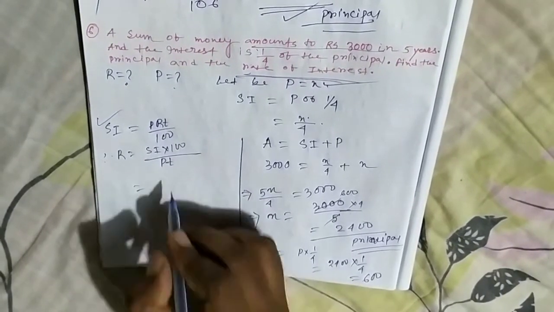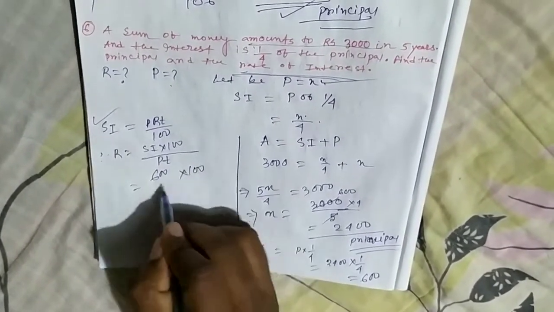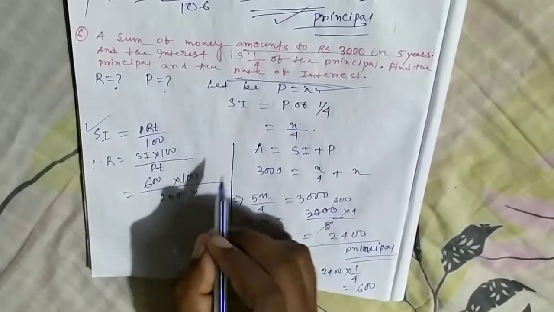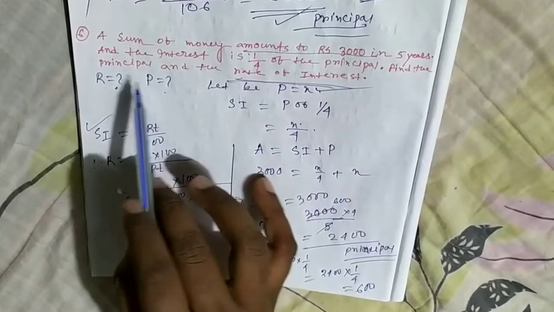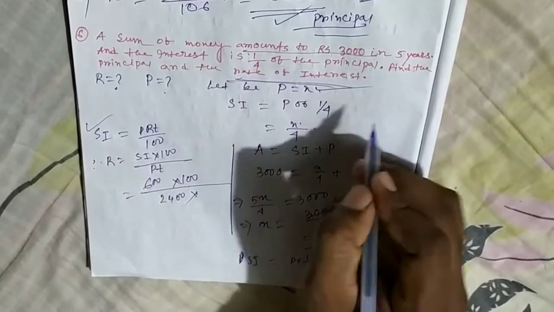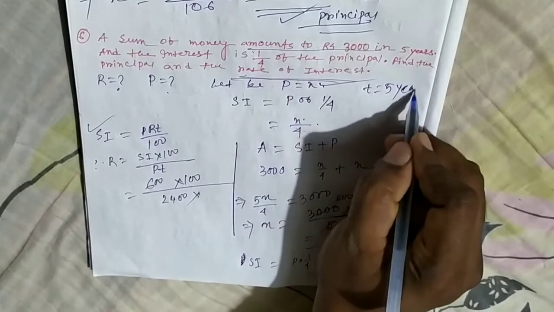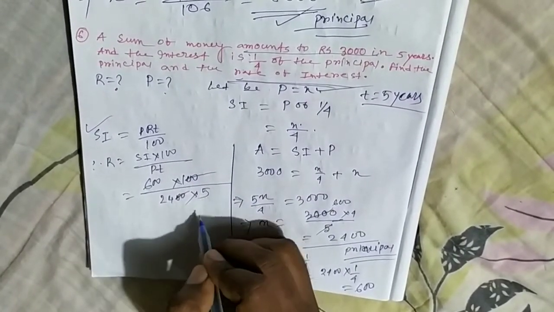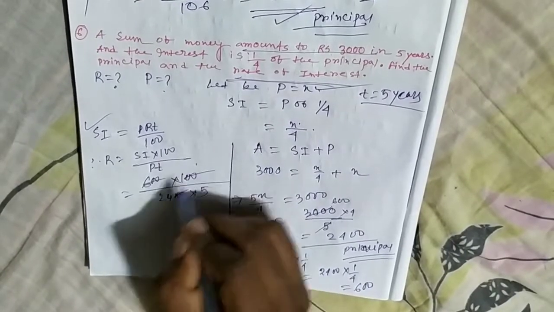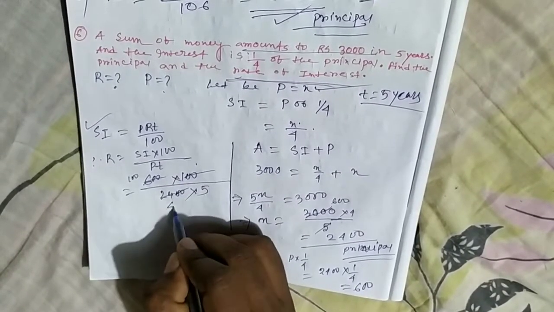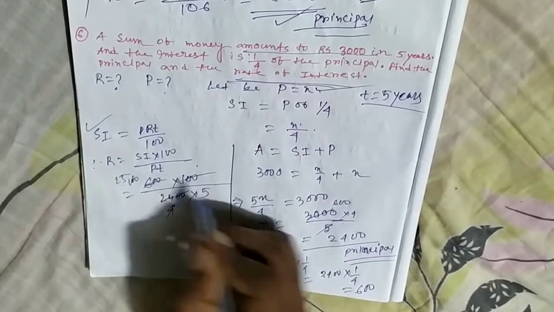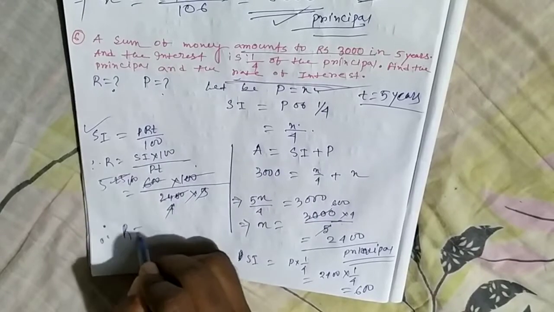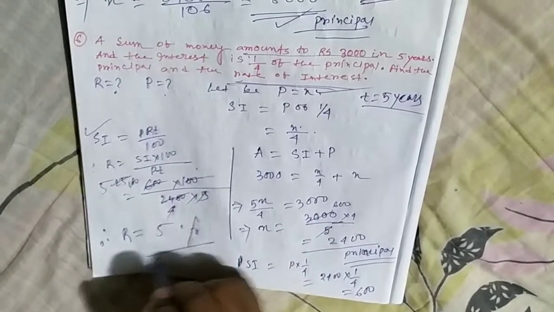SI is equal to 600 into 100 by P is equal to 2400, T is equal to 5 years. Therefore rate of interest is equal to 5%. This is the answer.